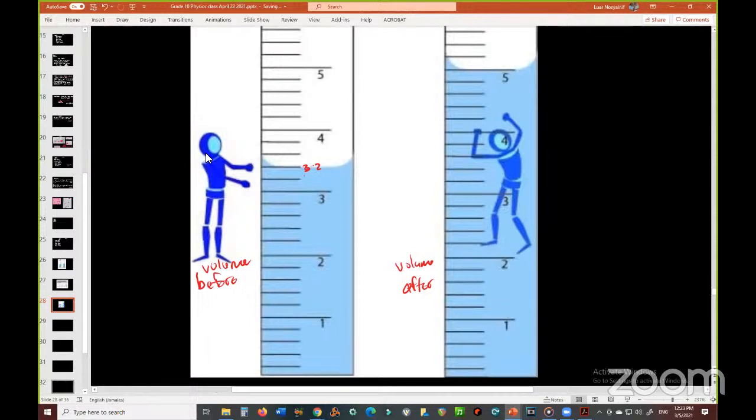If you say 3.2 here, it means that you probably forgot how to count. But common sense would say this is 3.2, this is 3.4, this is 3.6, this is 3.8. So each one of them goes up by 0.2 each time. So this up here cannot be 3.2. It has to be 3.4.